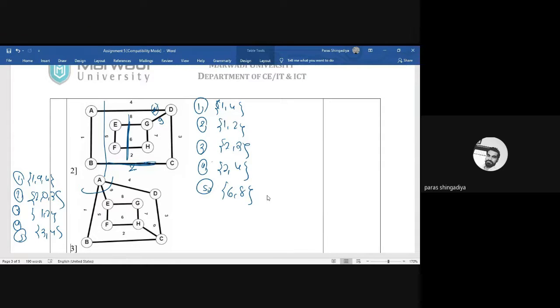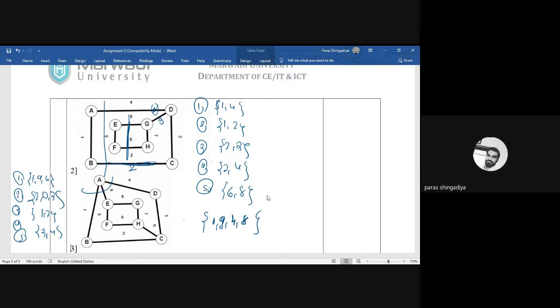How can you consider 1 9 4 8? Can you consider 1 9 4 8 as a cut set? Okay. Why is it not a cut set? Because it makes the graph disconnected. That is true.